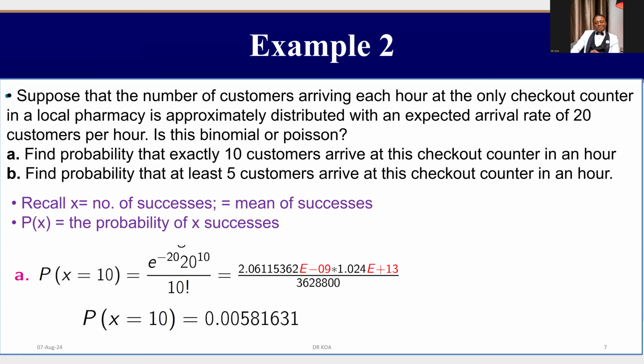Yeah, but towards the end, watch it. It says at this checkout counter in an hour. So without that part of the statement, you are required to use the binomial formula. All right. Thank you.